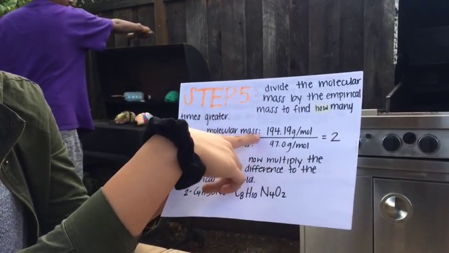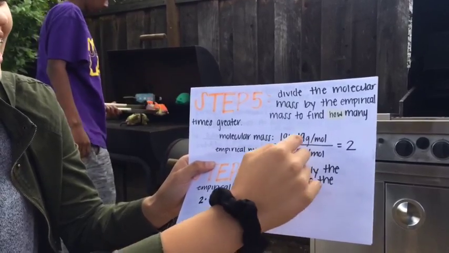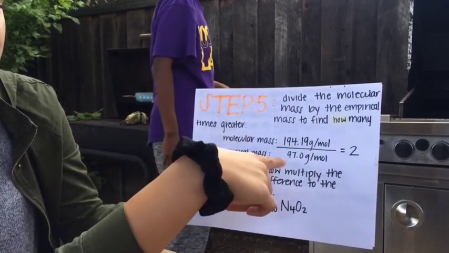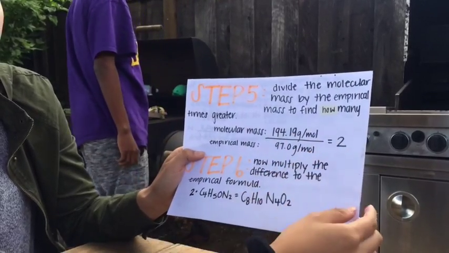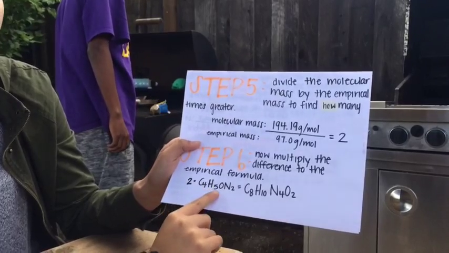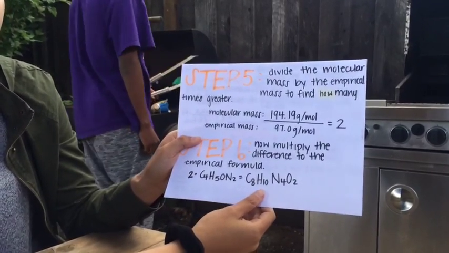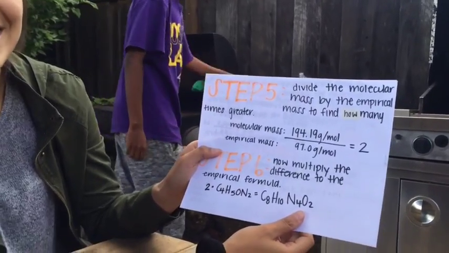In the beginning of the equation, we had 194.19 grams per mole. And the empirical mass, which we just got, was 97.0 grams per mole, which got us 2. Now we multiply 2 to our empirical formula, which got us N4 to O2.